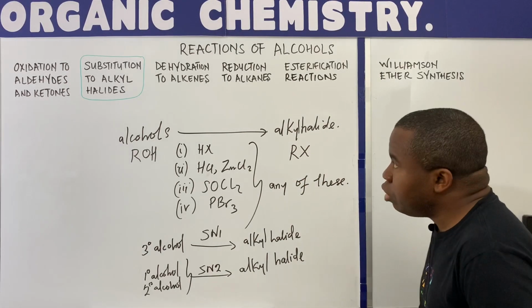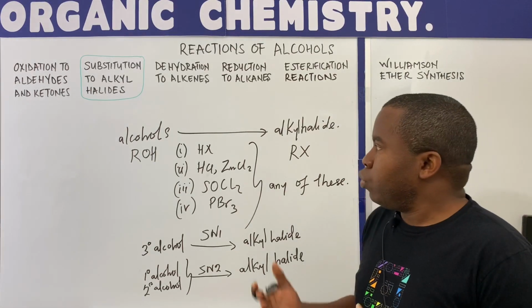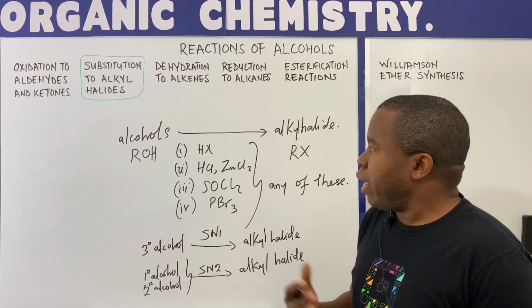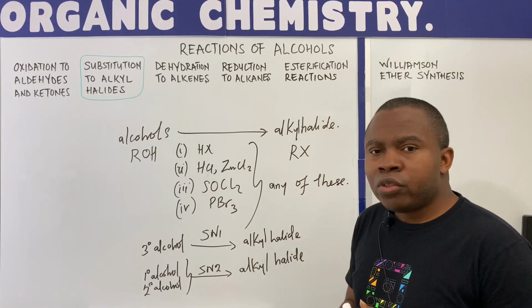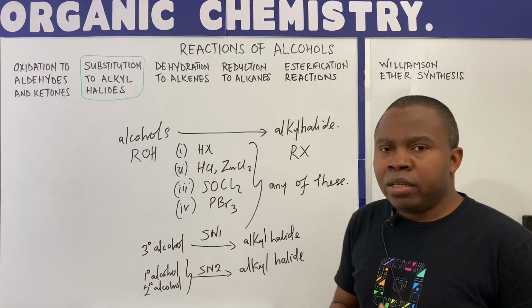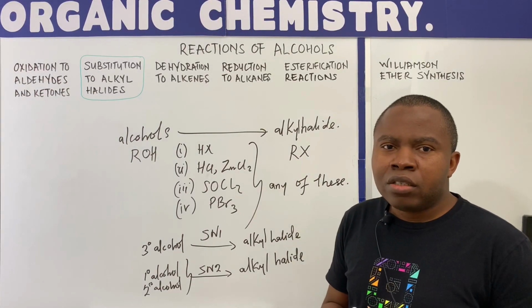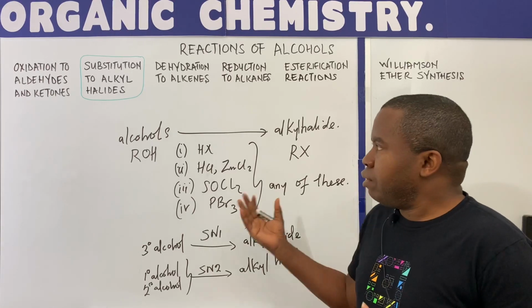So that is a summary of the reaction of alcohols with hydrogen halide, thionyl chloride, and phosphorus tribromide to form alkyl halide. Basically, the substitution reaction of alcohols to form the alkyl halides. So that is the summary.